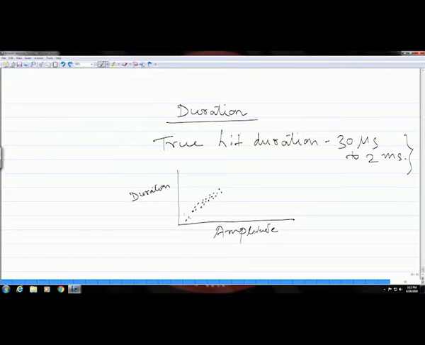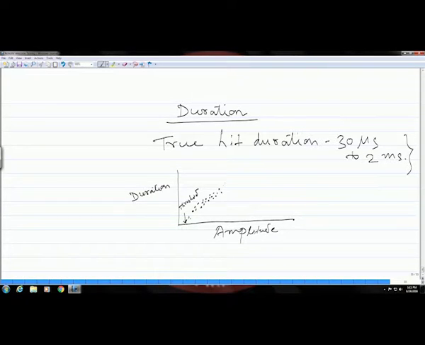So, if the threshold is defined here, the actual acoustic emission signals will be first of all above the threshold, and they will have enough amplitude and they will be very strong, which can be easily identified.